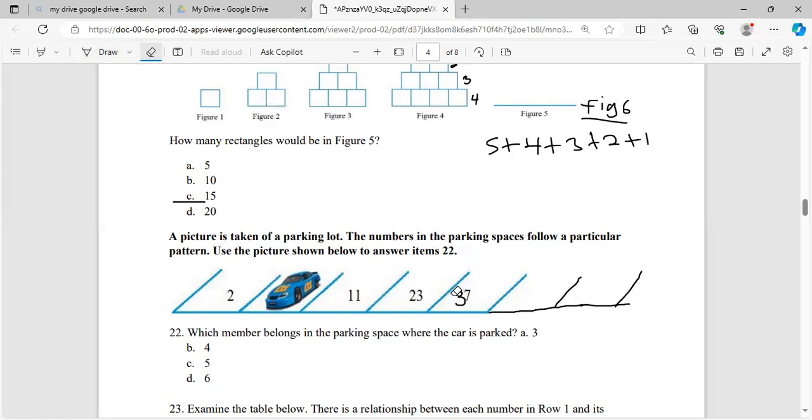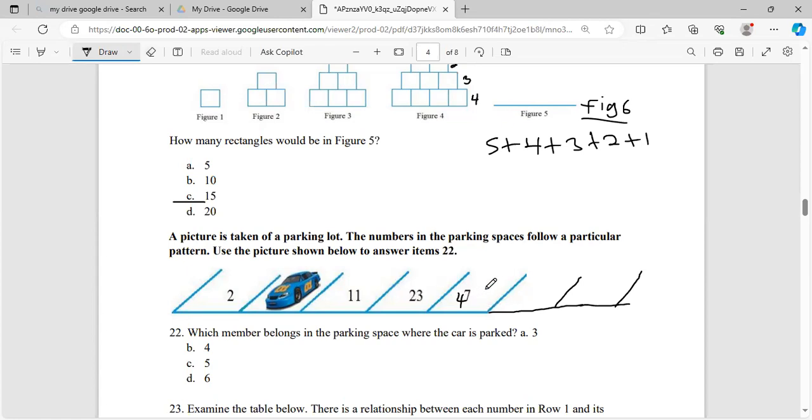Like from 11 to 23, it's 12. Counting by 12 there. Someone else says 9, but I heard 12.